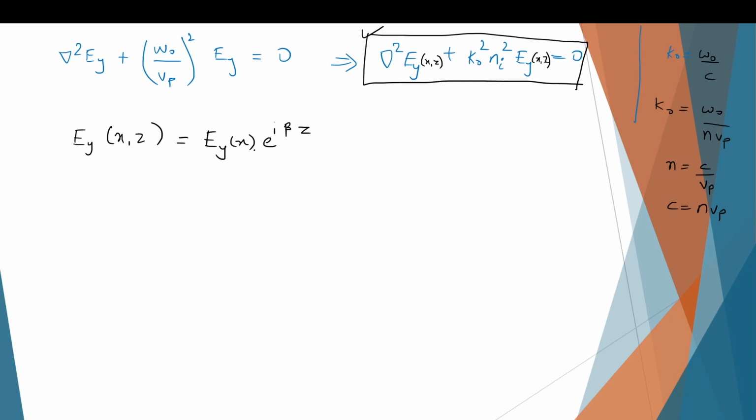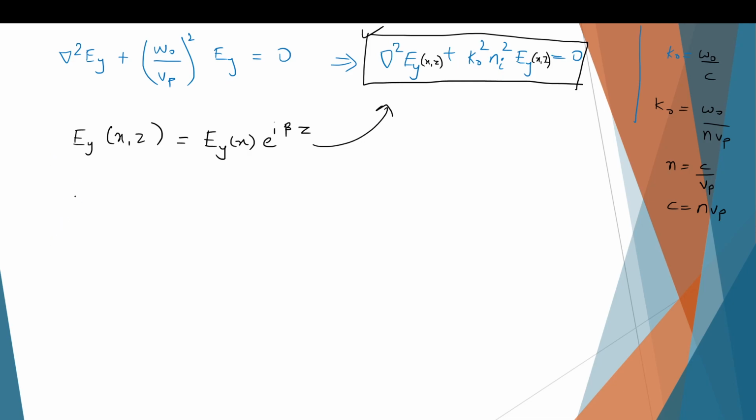Okay, so now if I substitute this into this, what do I get? Ey is nothing but Ey e power I beta z. This del square is nothing but dou square by dou x square plus dou square by dou y square plus dou square by dou z square. Dou square by dou y square is 0 because we are assuming Ey is not varying along the y axis.